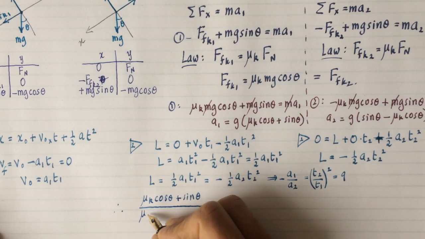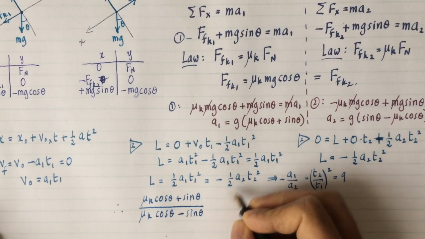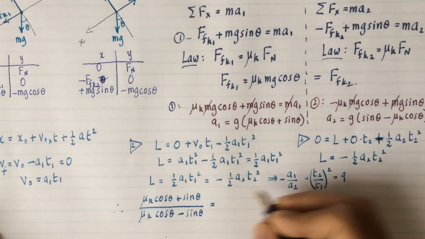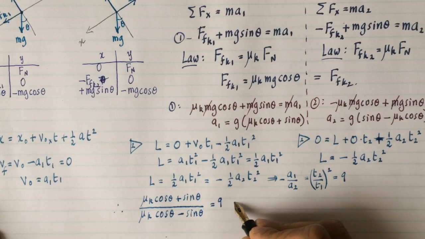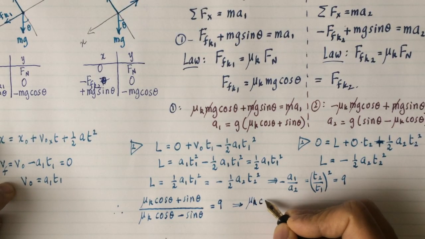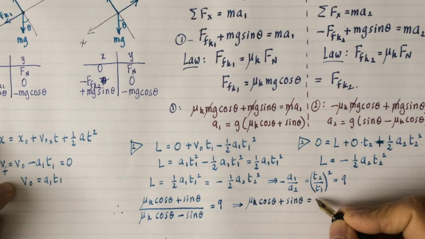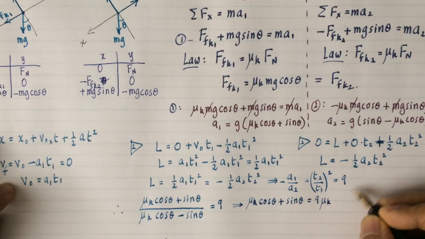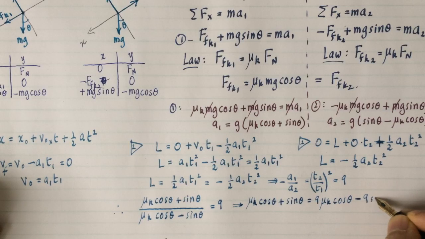So there's going to be mu k cosine theta minus sine theta, and the whole thing is equal to 9. I'll put the theta value at the end. Now we have to solve this, so I'll cross multiply. So I'm going to get mu k cosine theta plus sine theta is equal to 9 mu k cosine theta minus 9 sine theta.